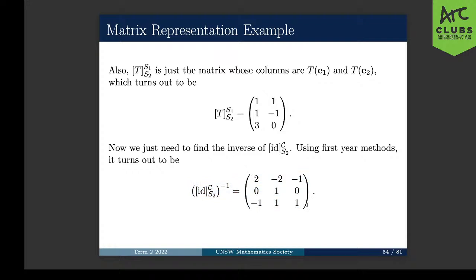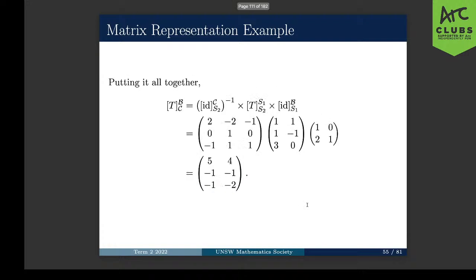Or you can just use a matrix calculator, I guess. And just putting it all together, we chuck all of those components in the formula, and the matrix ending up from that turns out to be this. I'm not going to go through the computation here because it's just tedious.